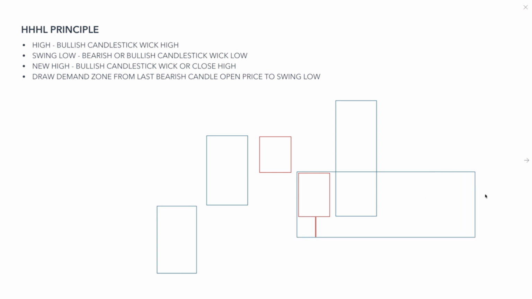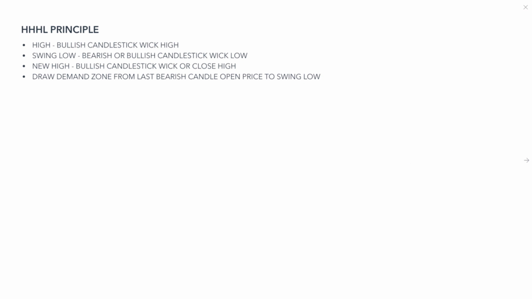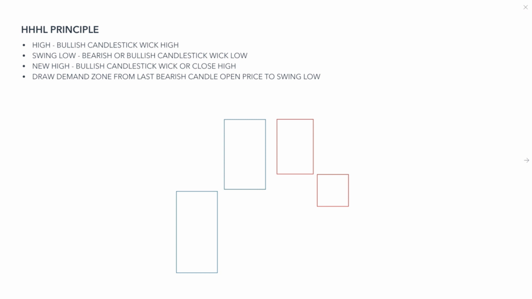Now if, for example, the swing low was a bullish candle, so let's say we had something like this, move down, and let's say we had something like this, where we had a bullish candle, a bullish candle, and this was the swing low.